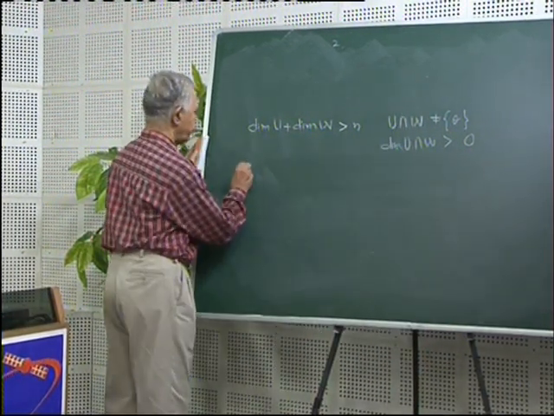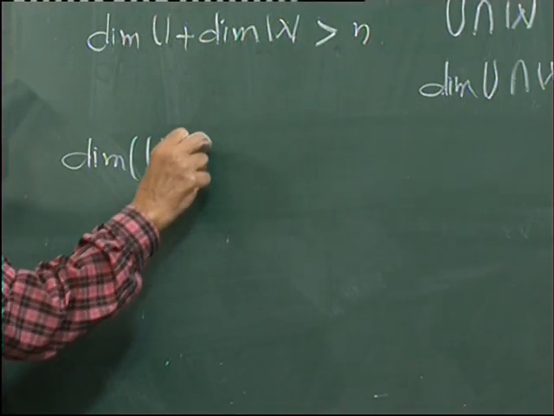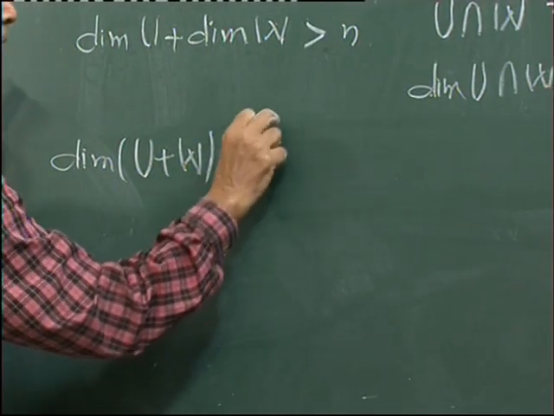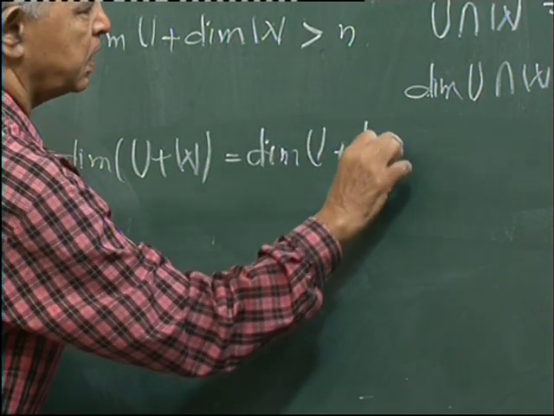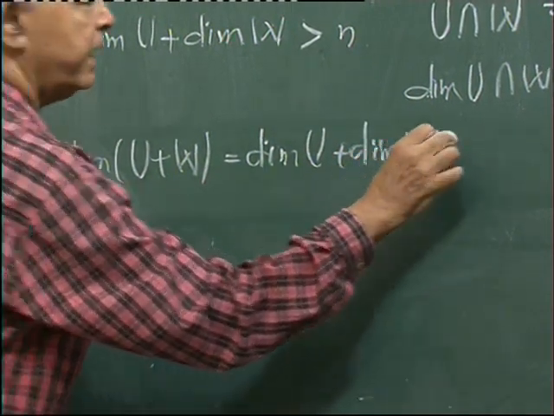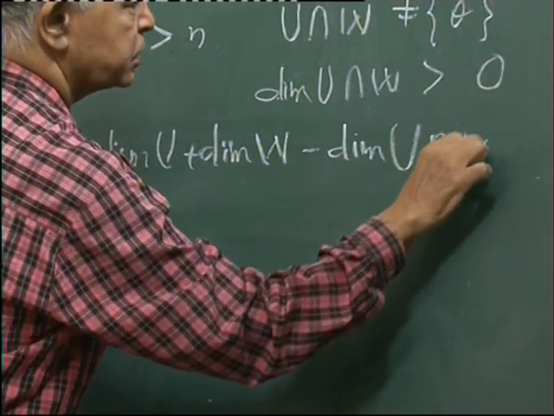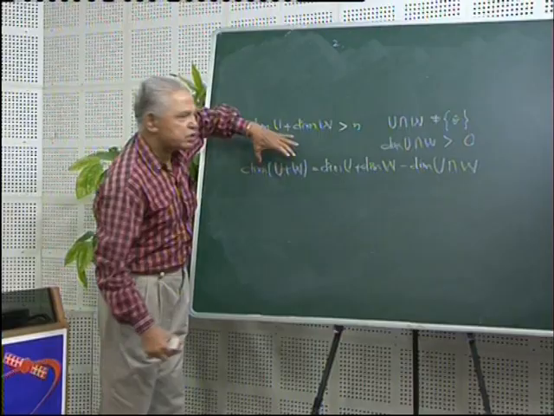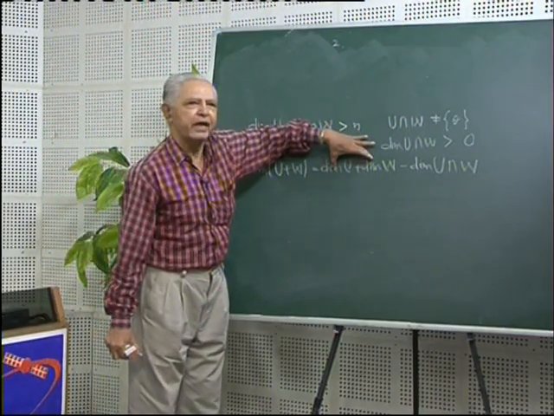Yes, we have the dimension theorem: dimension of U plus W is equal to dimension of U plus dimension of W minus dimension of U intersection W. This quantity is less than or equal to n, this quantity is greater than n.